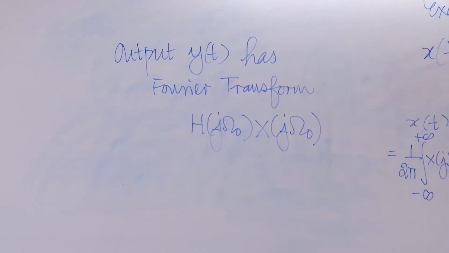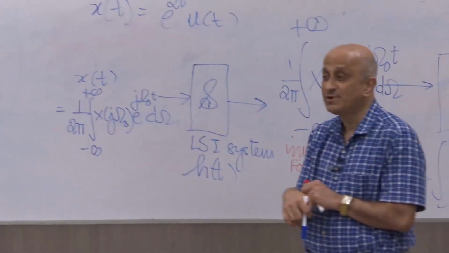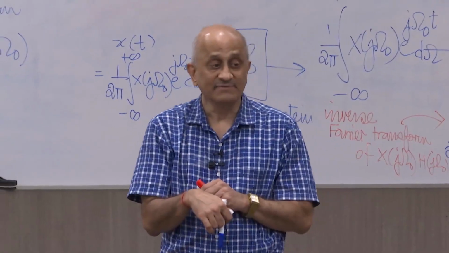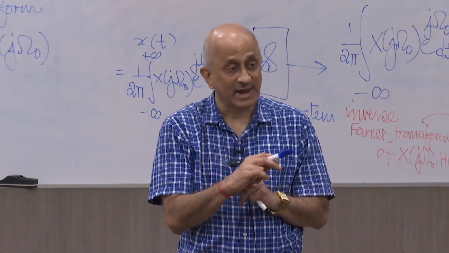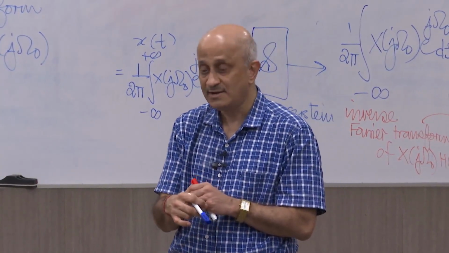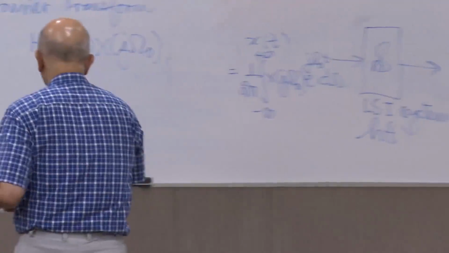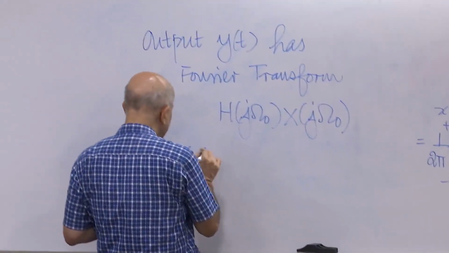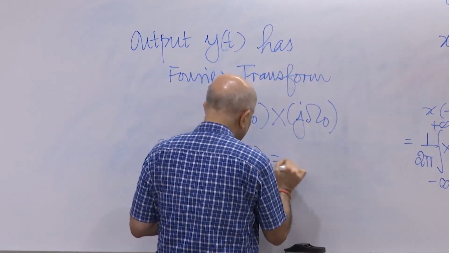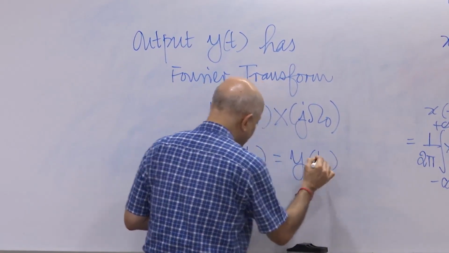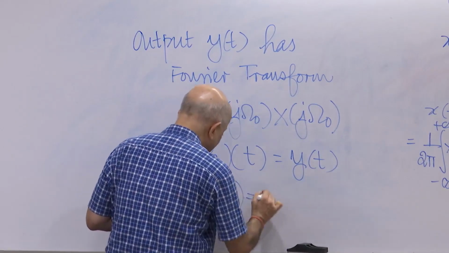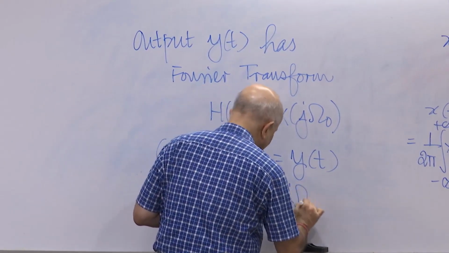When I convolve two signals, their Fourier transforms are multiplied. That is what it indicates, right. I have convolved x(t) with h(t) to get y(t), and Y(jω) is equal to X(jω) into H(jω).